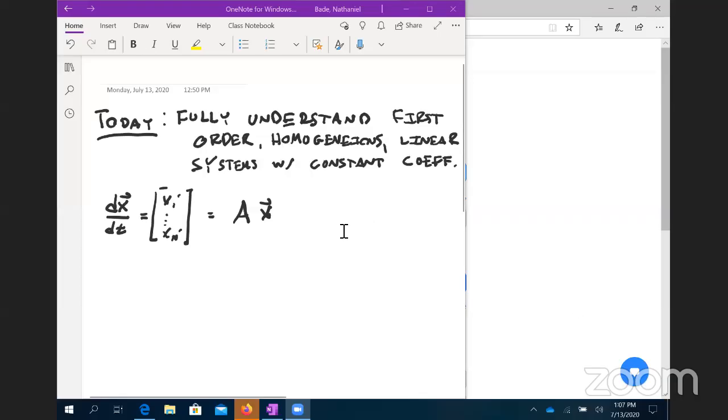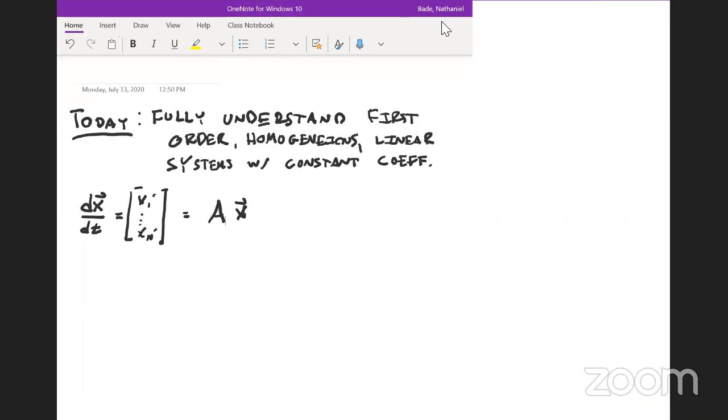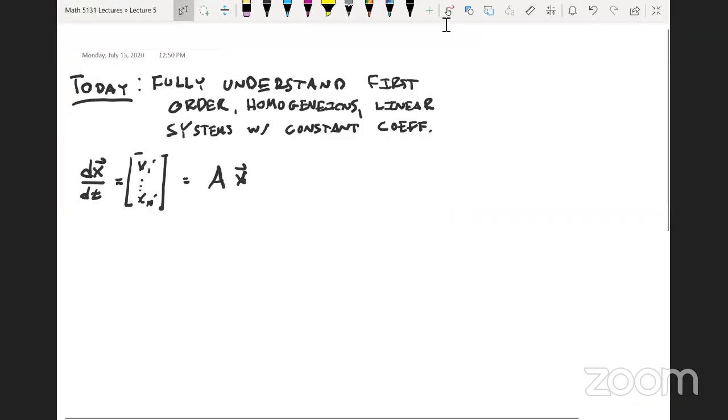What went wrong? I think you can either share your entire screen or you can share a window. I thought if I shared the window for OneNote, then when I went full screen, it would actually show me everything. And apparently that does not happen. Okay, cool. Thank you guys for letting me know.